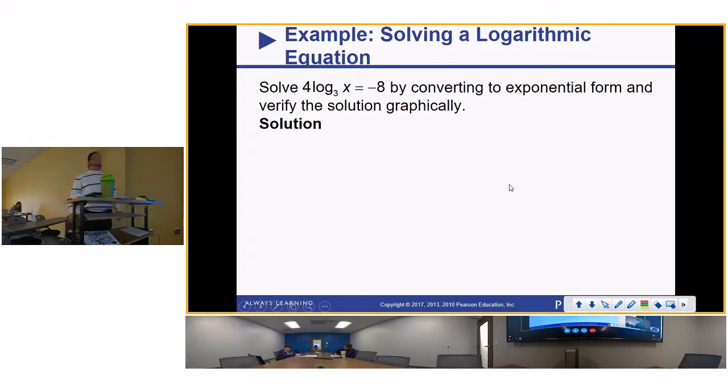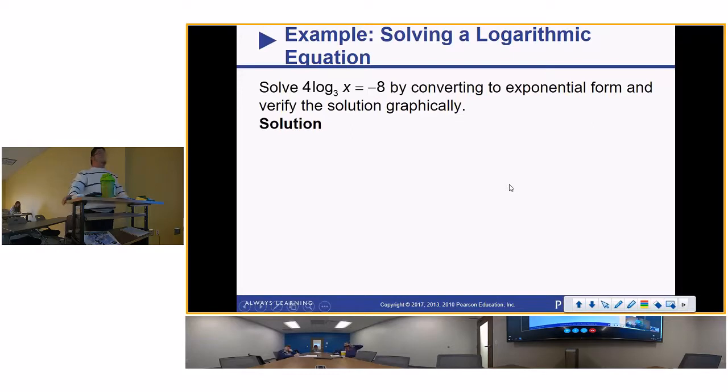Now there's a problem, that negative 8. I don't like that negative 8, but let's make sure you're not going to be taking the log of anything. So divided by 4, you're going to get negative 2. A to the y, okay, that'd be 3 to the negative 2 is equal to x.